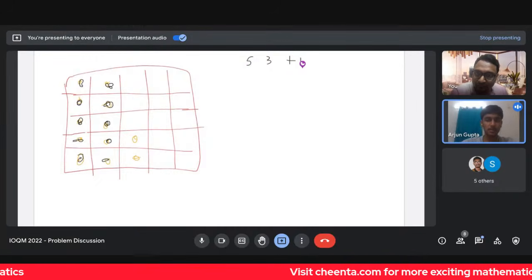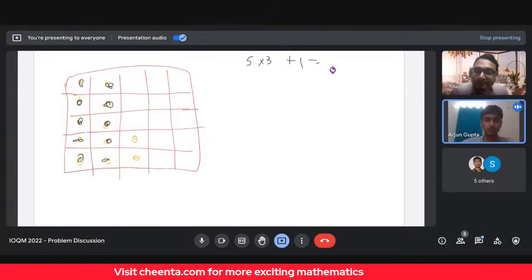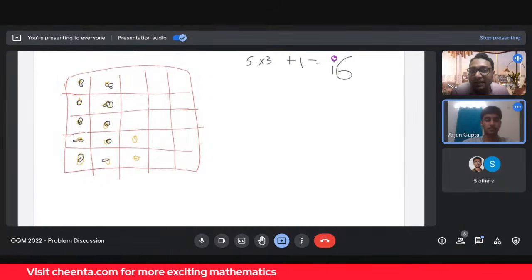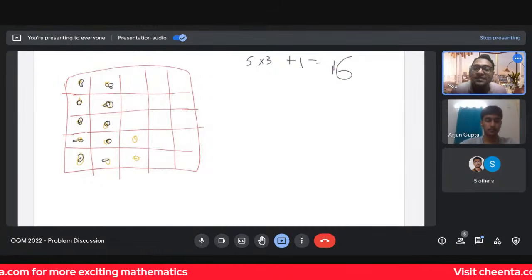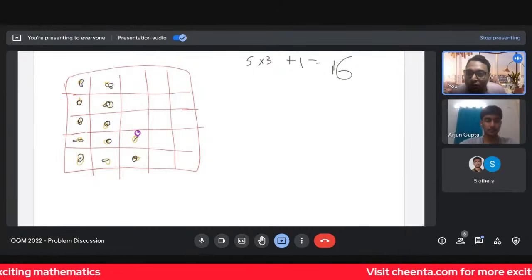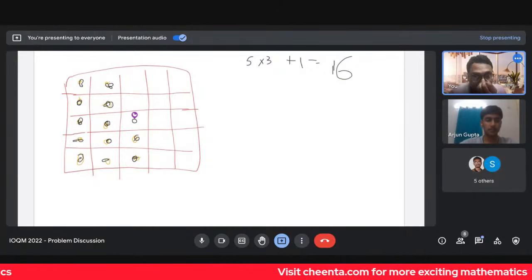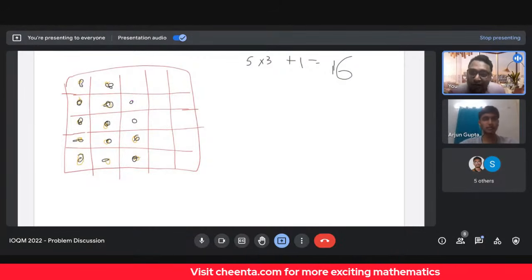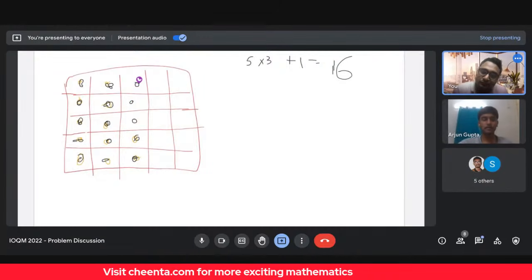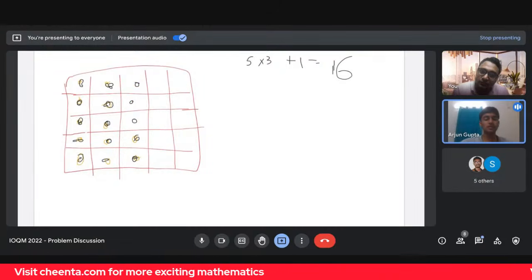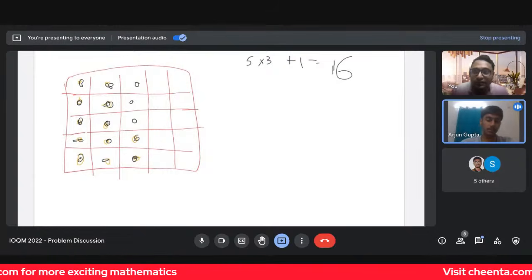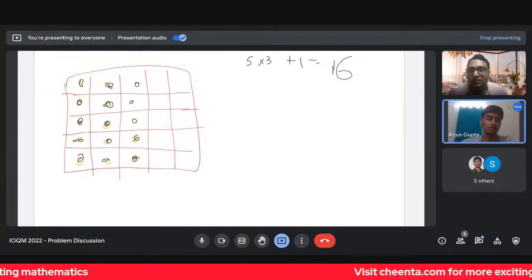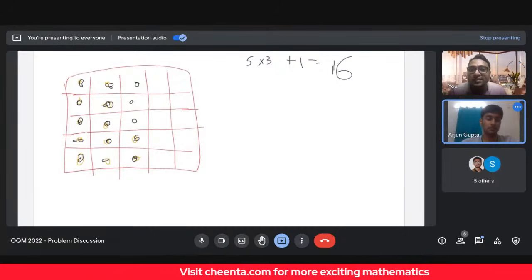So if we put 16 rooks on this board, then we could always find some 4 rooks which do not attack each other.